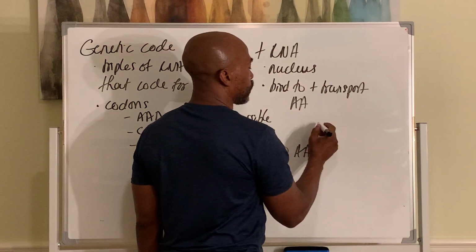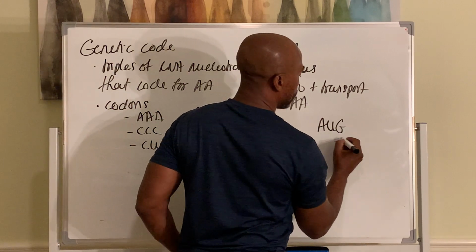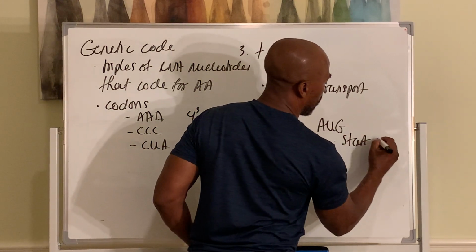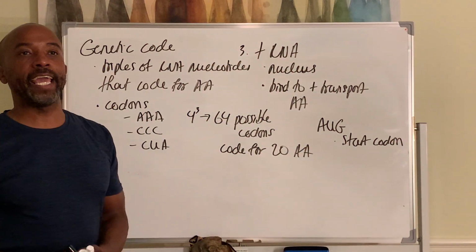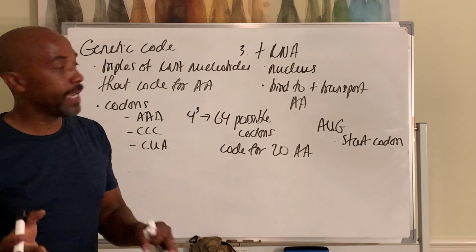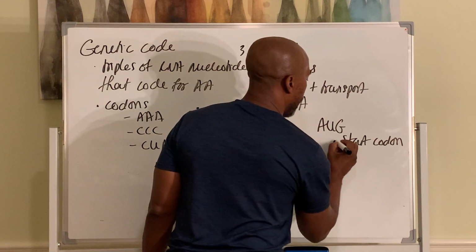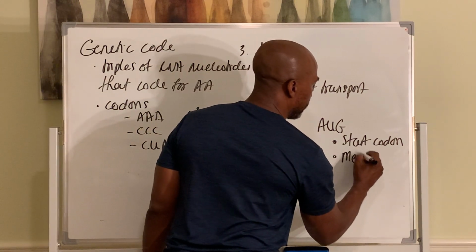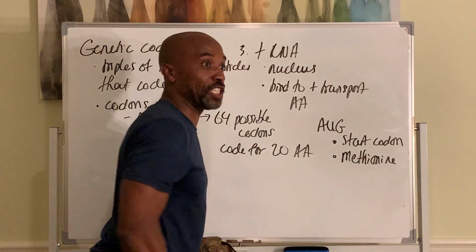There's a codon called AUG. That's called the start codon, meaning that when all proteins are being made, the very first codon that is translated over is AUG. It codes for the amino acid called methionine. So methionine is the first amino acid in all proteins.